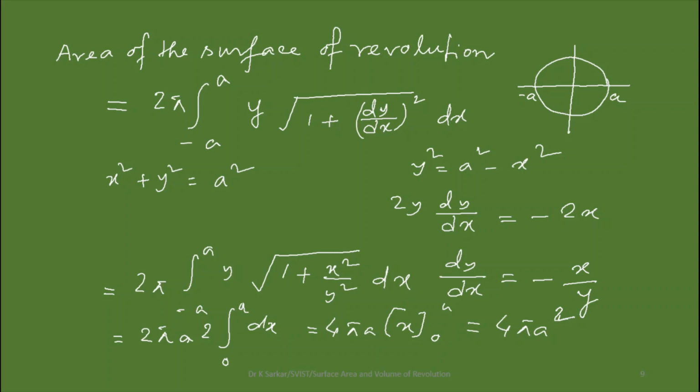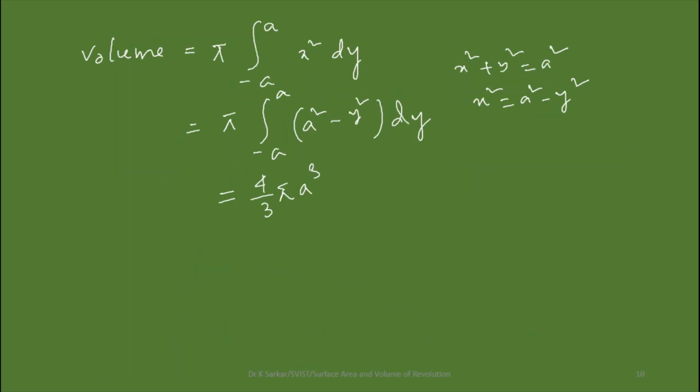So the result is 4 pi a square. Volume formula is pi integration from minus a to a of x square dy. Here x square is a square minus y square. So putting that, let us do the integration and get the result 4/3 pi a cube.